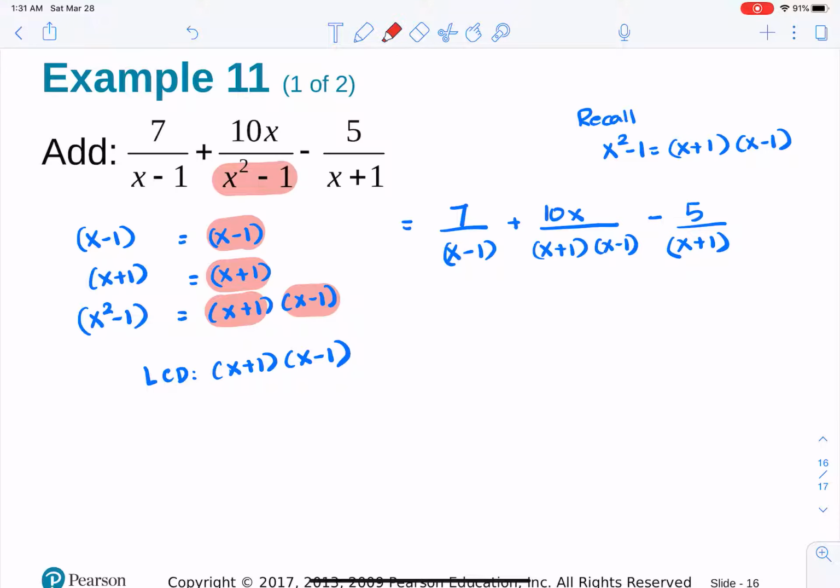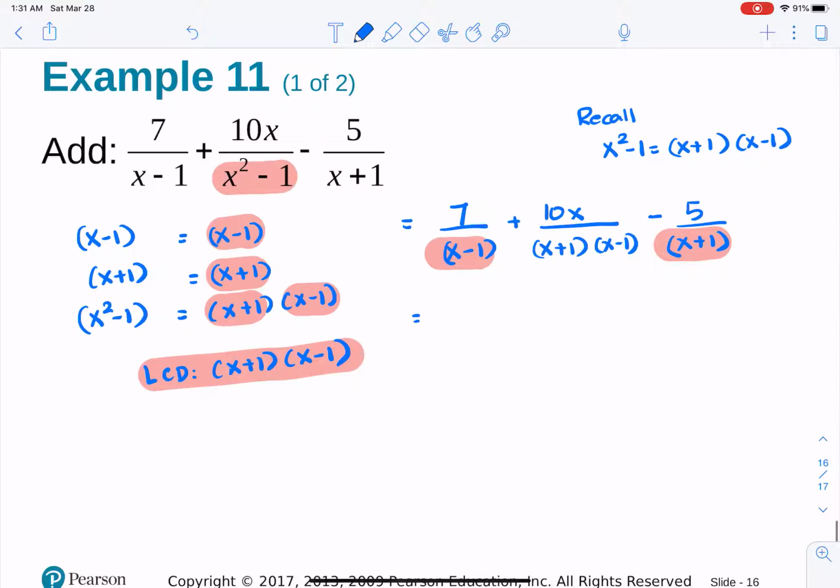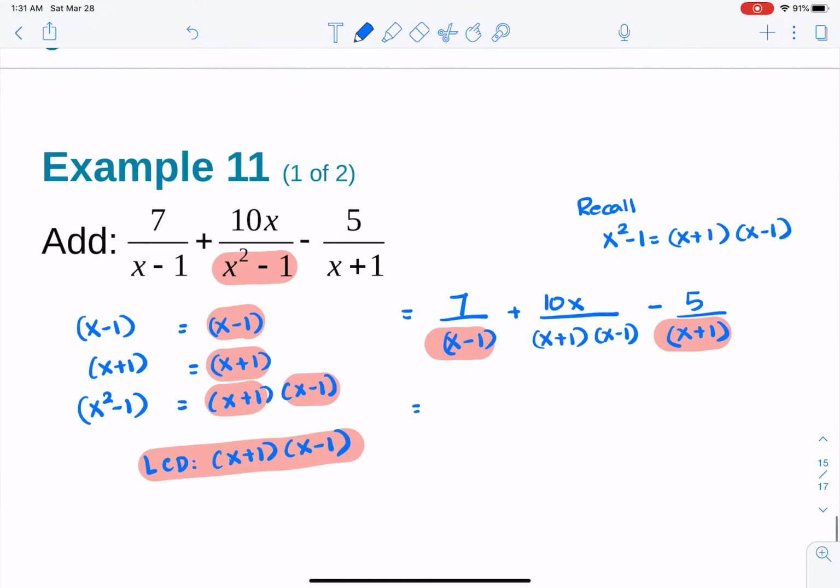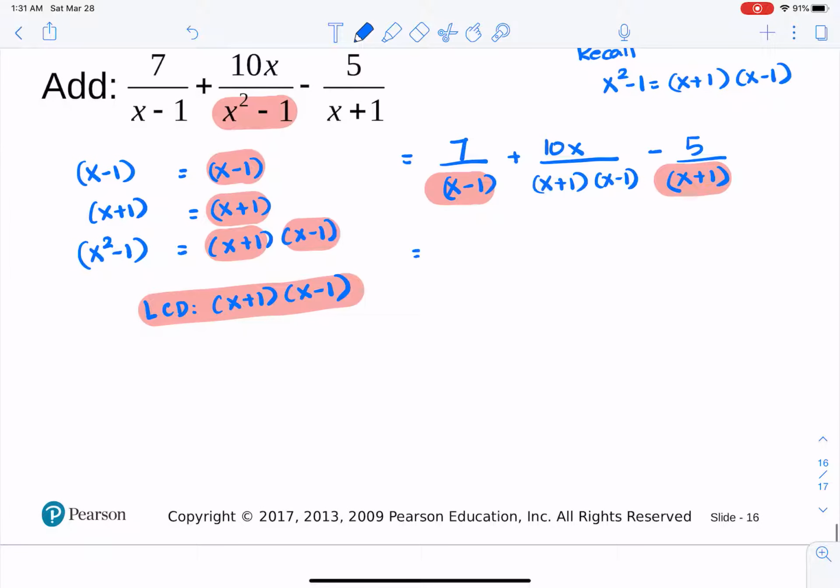Our objective now is to convert that denominator and that denominator to look like the LCD. So the first denominator has x minus 1, but it is missing x plus 1 because our LCD is x plus 1 times x minus 1. So we multiply and divide by x plus 1.